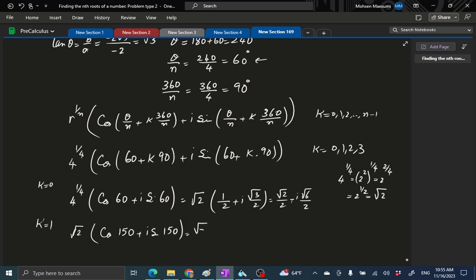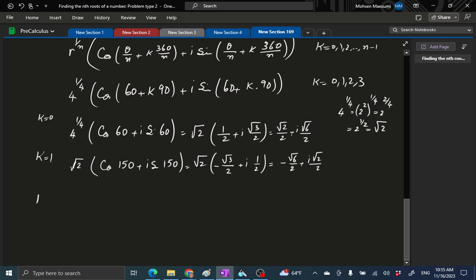So this is radical 2 times cosine of 150. What's that? Minus radical 3 over 2, and then sine of 150, same as sine of 30, is 1/2. So minus radical 6 over 2 plus I radical 2 over 2.